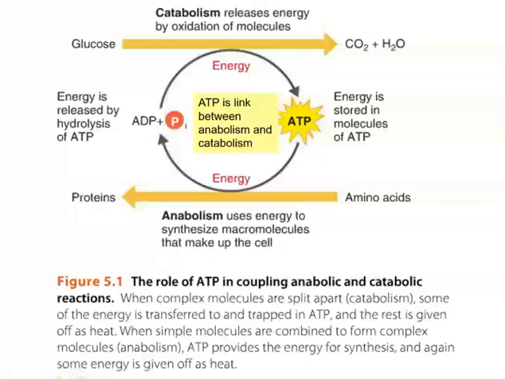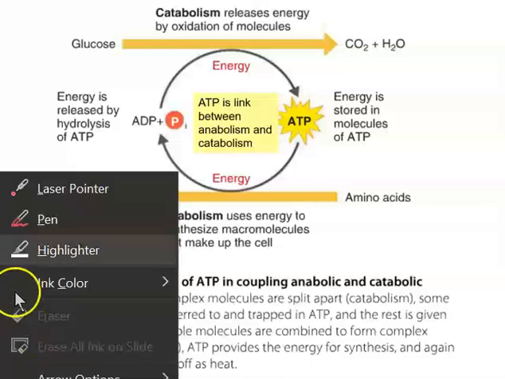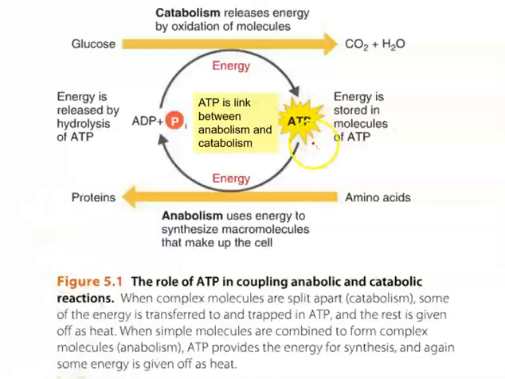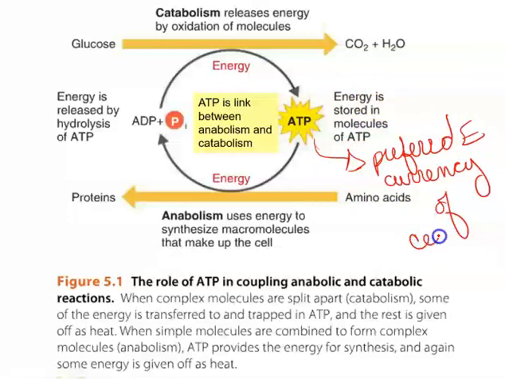Now, living things can't eat ATP, but ATP is the preferred cellular energy currency, which you've probably heard a lot of in all of your previous biology courses. So, ATP is the preferred energy currency of cellular life.